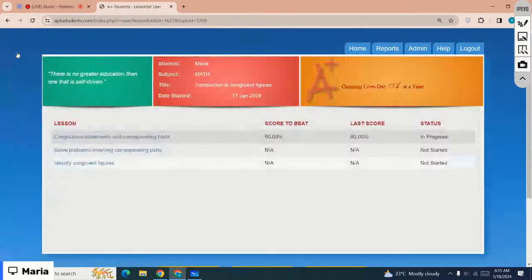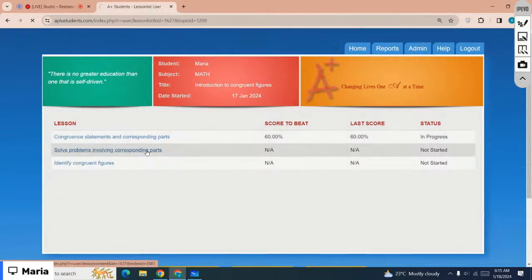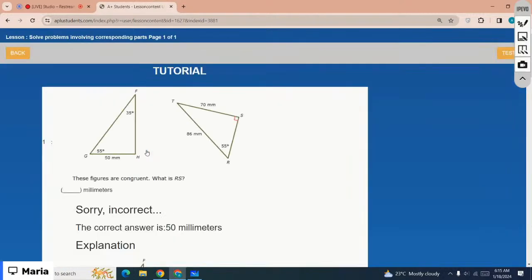The next lesson is solve problems involving corresponding parts. Okay, these figures are congruent. What is RS?